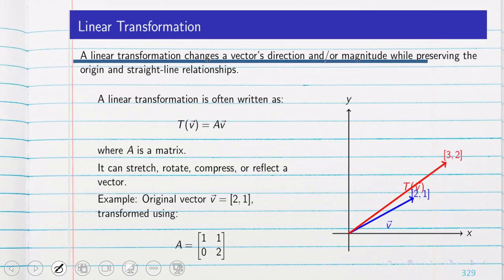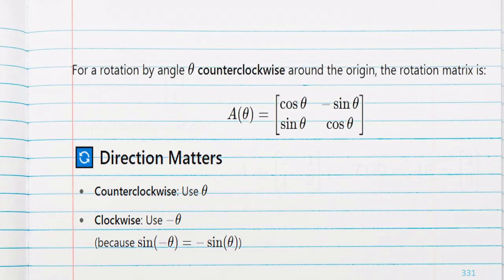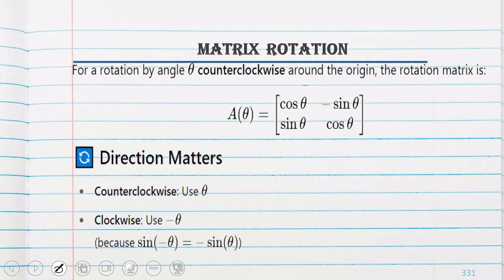Linear transformation. A vector can be transformed into A times V. It can stretch, rotate, compress or reflect. So for the vector (1, 1), we can apply a transformation like this. Matrix rotation can be applied.